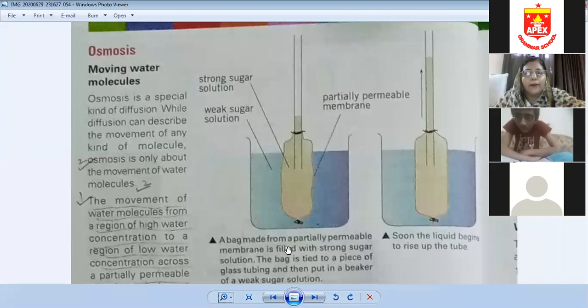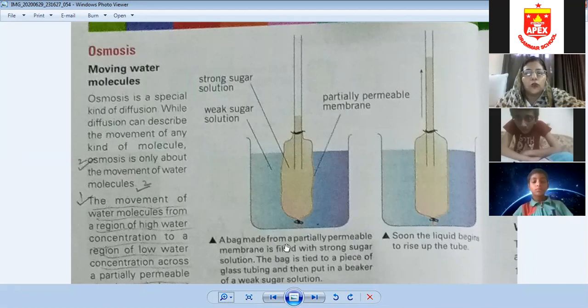A bag made from a partially permeable membrane is filled with strong sugar solution. For example, you have taken a polythene bag and filled it with a sugar solution. The bag is tied to a piece of glass tubing and then put in a beaker of weak sugar solution. You have taken a test tube, which you have also seen in the science lab.